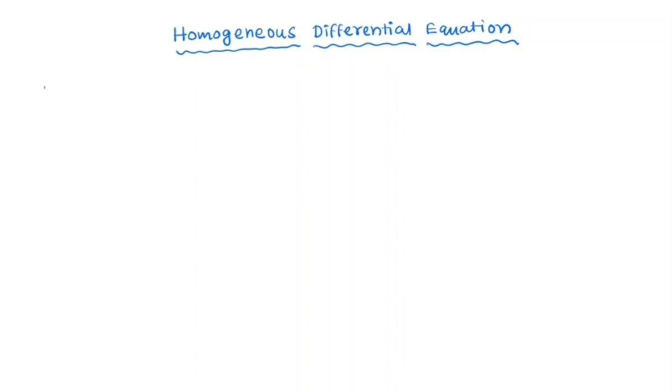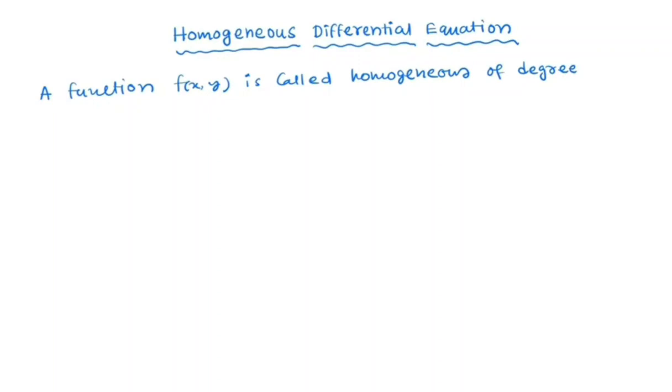Now, a function f(x,y) is called homogeneous of degree n if it can be written as f(x,y) = x^n times phi of y by x.